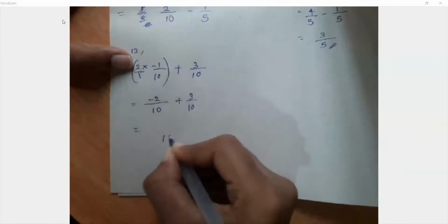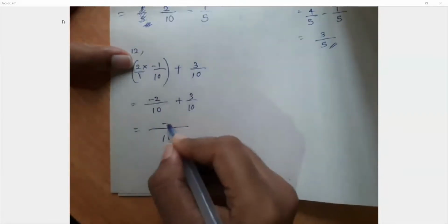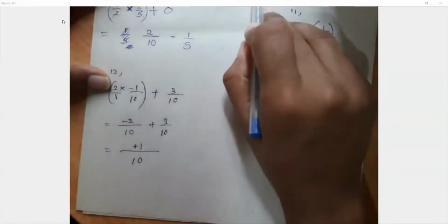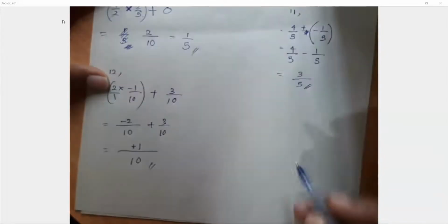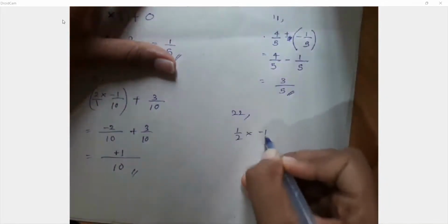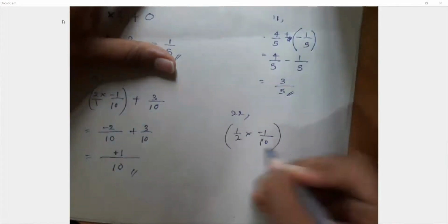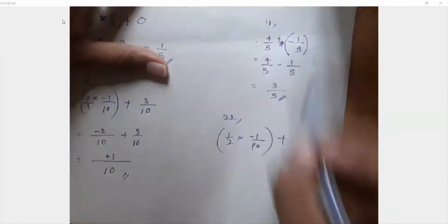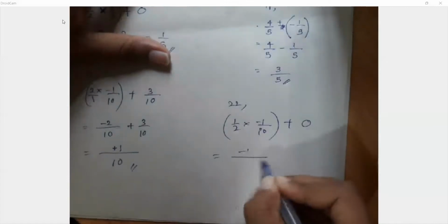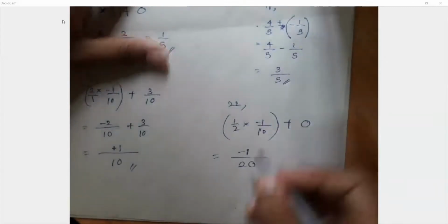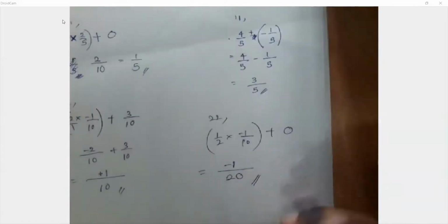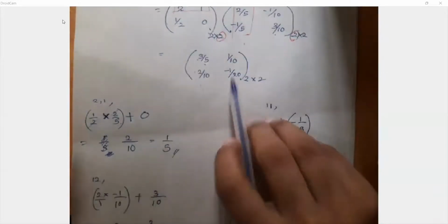With common denominator 10, minus 2 plus 3 is 1, so it is 1 over 10. Next, I want 2, 2. 1 and a half into minus 1 over 10 plus 0 into something 0. So minus 1 over 20. Very good. That is our final matrix.